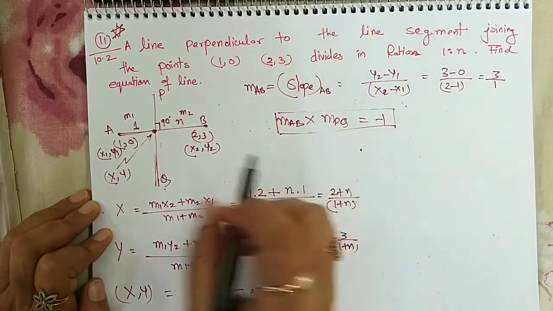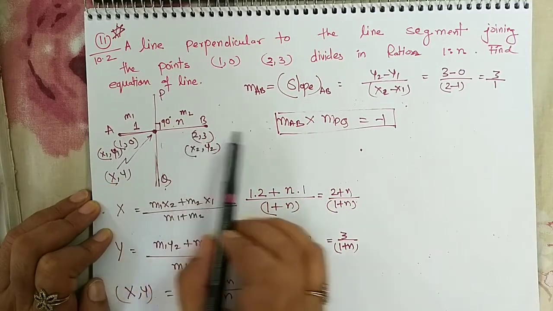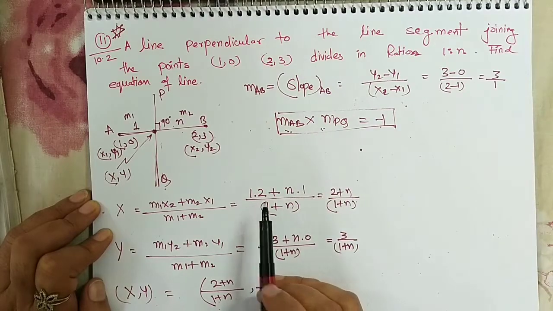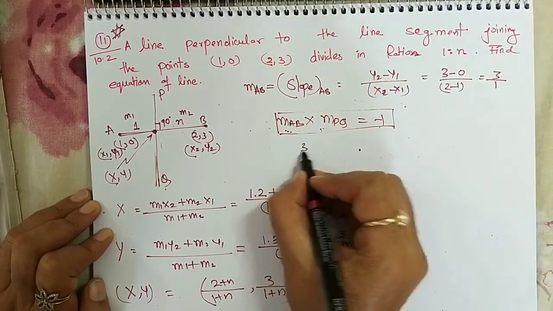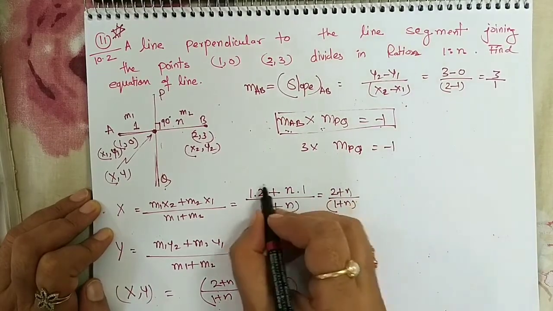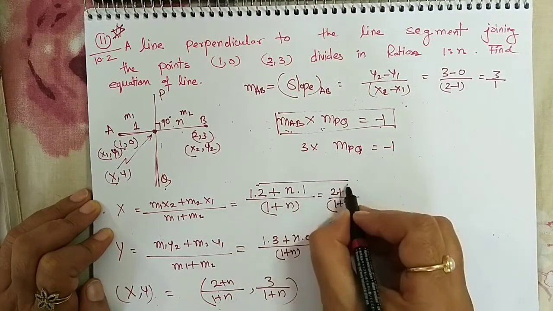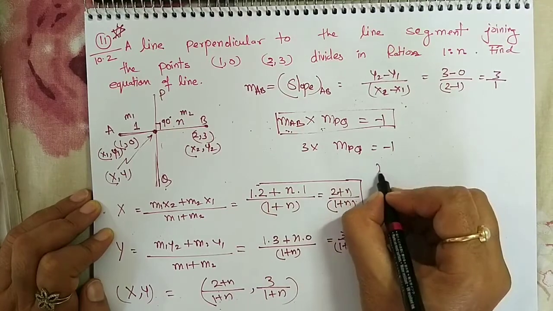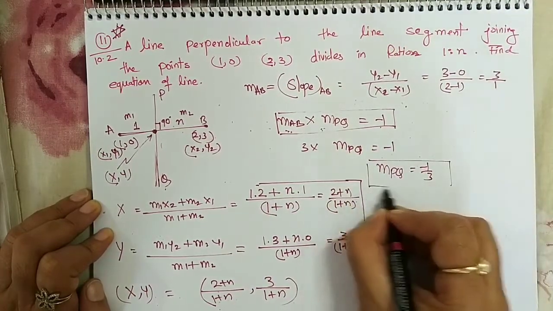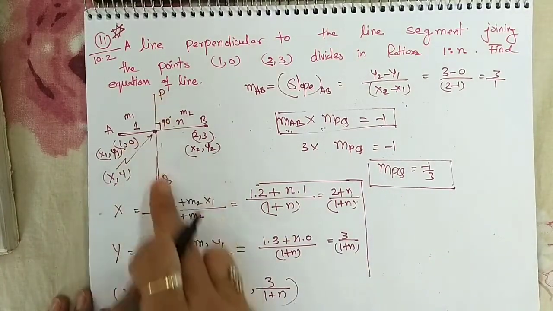By the law that the slope product of two perpendicular lines should be minus 1. So MAB is 3. So what will MPQ be? Minus 1 by 3. So I got the slope of this line.